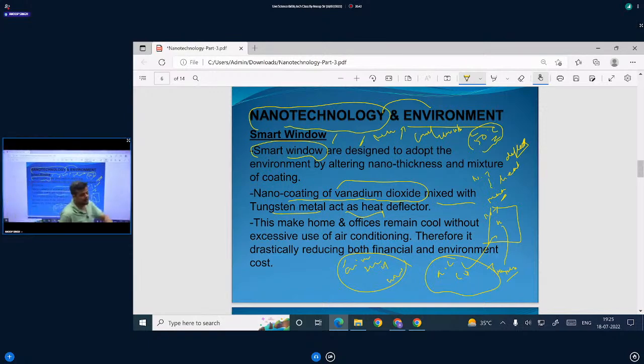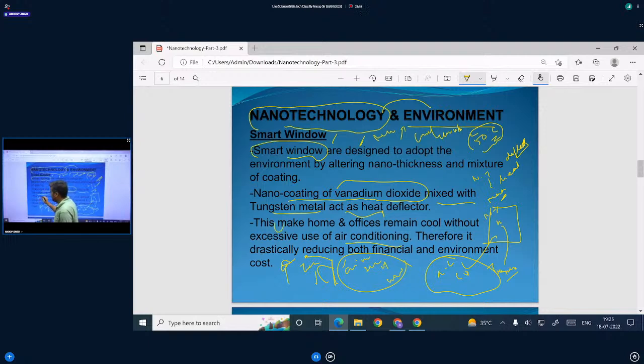Why? Because when less AC is run, automatically it will reduce the excess heat which is generated by the air conditioning system. As you know very well, when the AC runs, it also generates a large amount of heat. But with the help of smart windows, there is no need to run the AC for a longer duration. Then the temperature will automatically become normal, and running of the AC is also reduced.